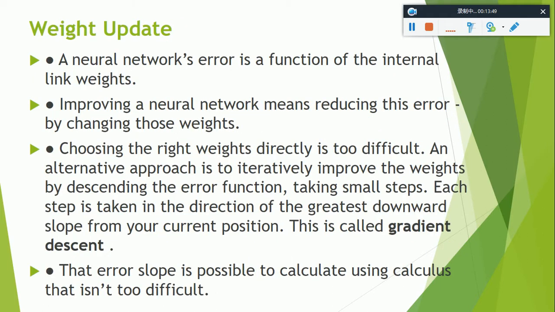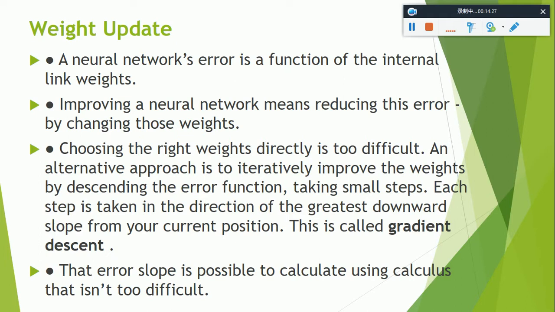For the weight update, we should consider some factors. The neural network's error is a function of the internal link weights. If we want to improve the neural network, we have to reduce the error by changing its weights.